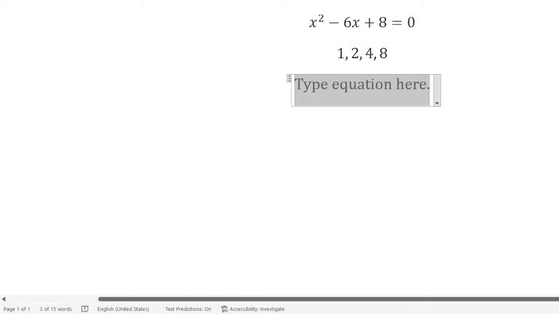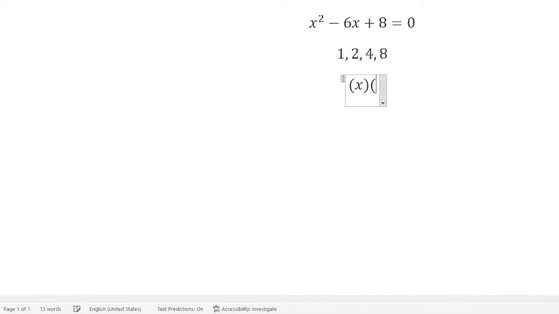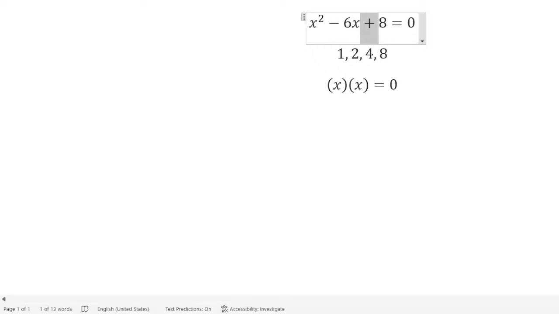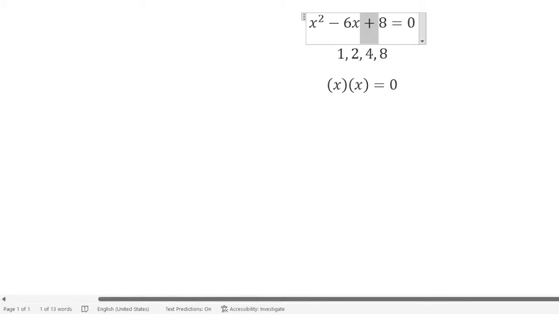Factors of x squared are going to be x times x, so (x)(x) is equal to 0, right? Then factors of 8. The rule says if the last term is positive, we have the same sign. So which factors of 8 can we add to get the middle term?